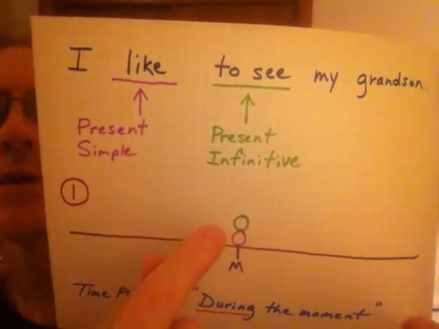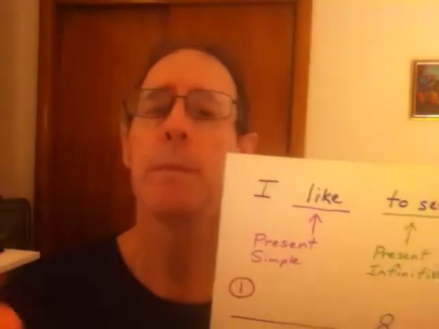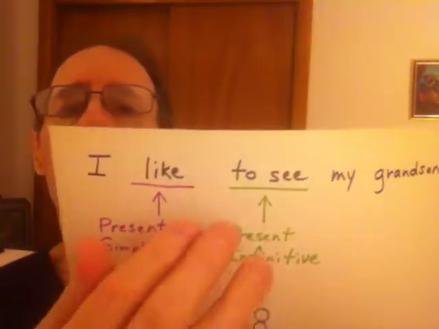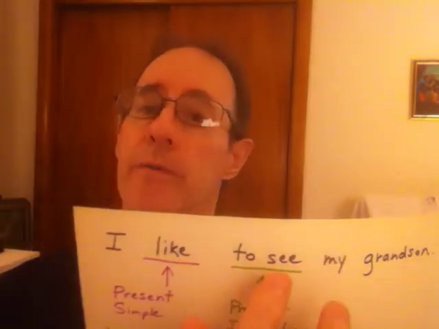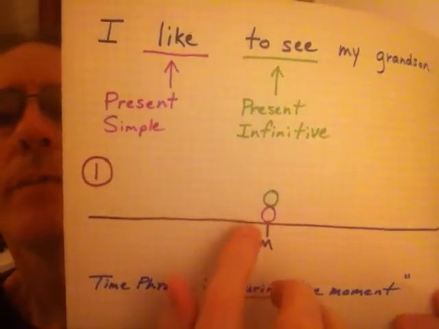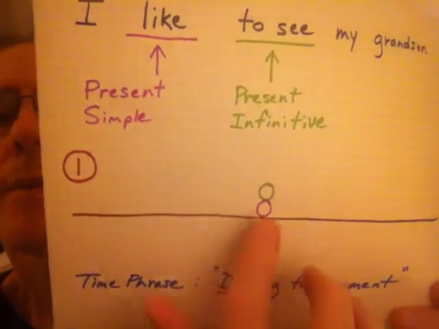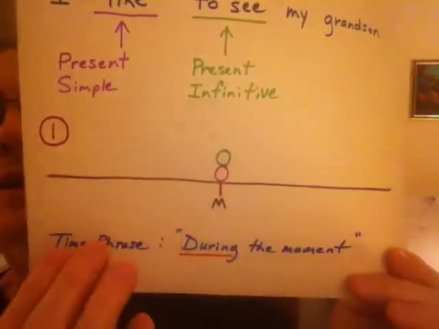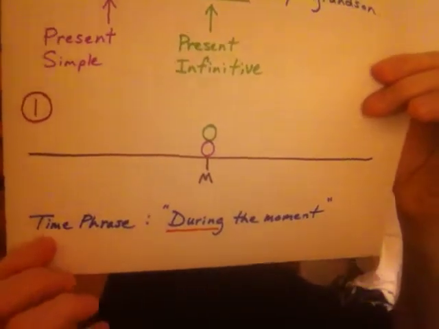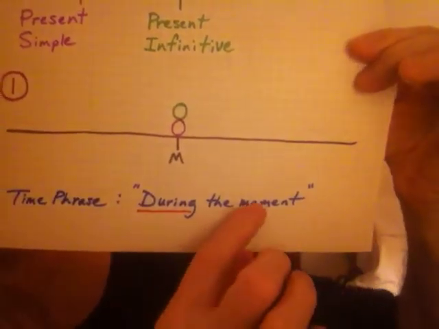I like to see my grandson. In other words, the verb action and the action of the infinitive are happening basically pretty much essentially at the moment of speech. You see that there? That's your timeline. And the key words here, I call them a time phrase, those key words, during the moment.